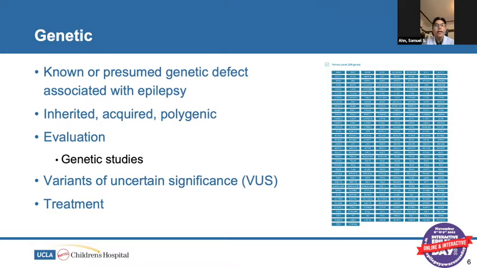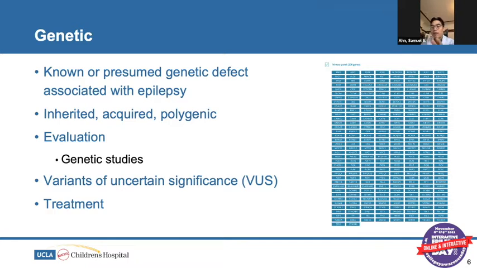A genetic epilepsy doesn't always mean that this epilepsy has been passed down from generation to generation. Well, that certainly is one of the causes of genetic epilepsies. We typically characterize that as an inherited genetic epilepsy, meaning that a patient or a child has inherited one or both copies of an abnormal genetic product from one of their parents.